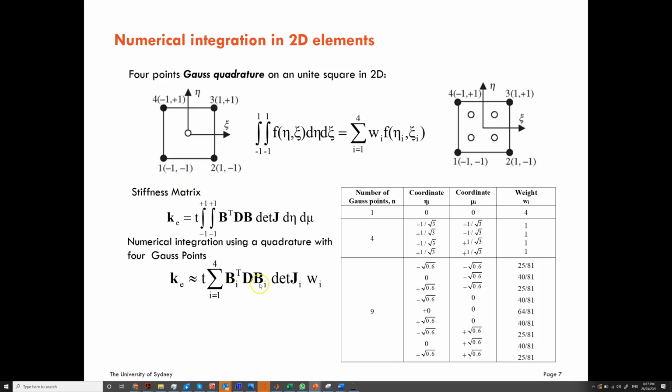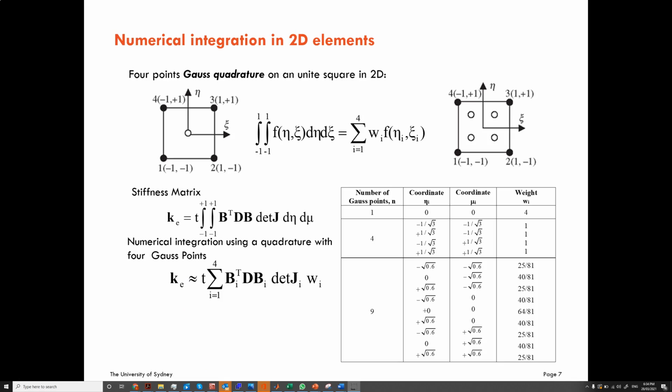So we need to calculate the B matrix at each Gauss point and then make the sum of these quantities with the corresponding weights given here. These expressions give you a numerical approximation of the stiffness matrix that can be used to calculate the nodal displacements just by inverting the stiffness matrix.